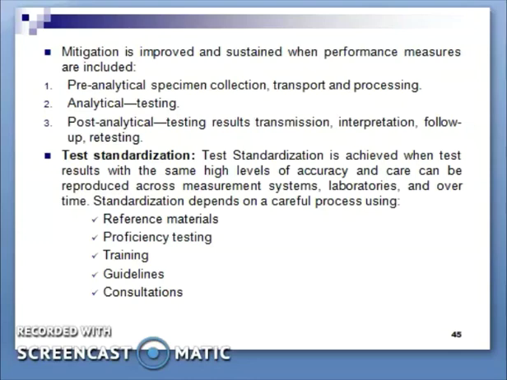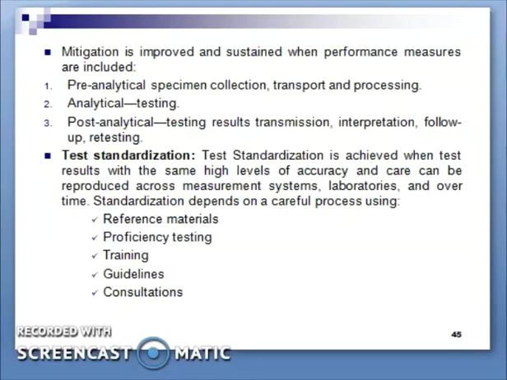So these are the points which can improve the mitigation, and with which we can sustain the biorisk management process or program in an effective way.